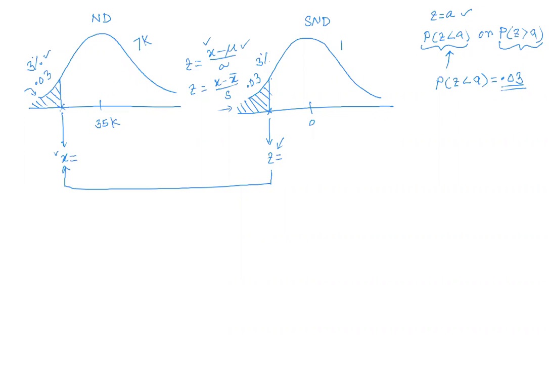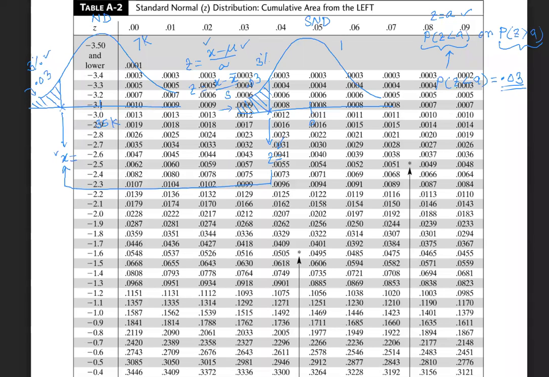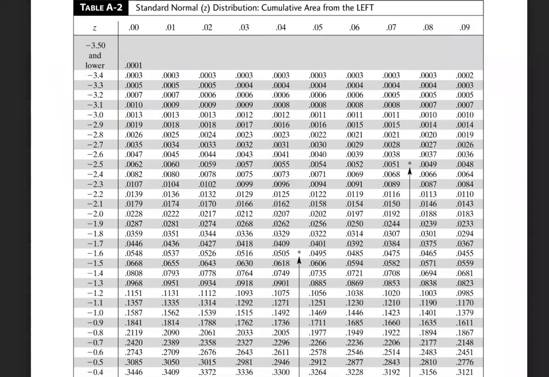Now, this is where people are struggling. They are not able to find where the value is. Previously, you looked at this column for z, and then for the fraction, you went along the top row. Then you found the corresponding entry in the body of the table. However, this time we don't look here. We look inside the body of the table and try to find the value that is closest to 0.03.